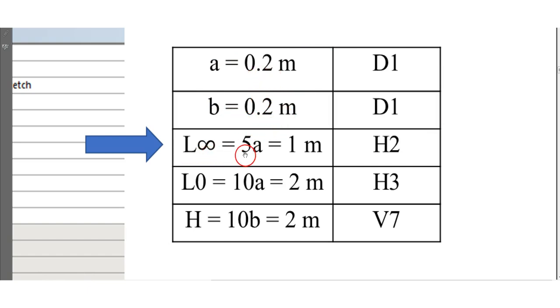Then L infinity is given in the problem as 5A, so in our case it should be 1 meter. LO, which is given as 10A, this time it should be 2 meter, and H, which is given in the problem as 10 times B, so for our case it should be 2 meter. So let's create this domain for our case.